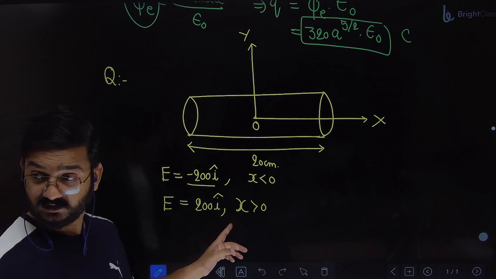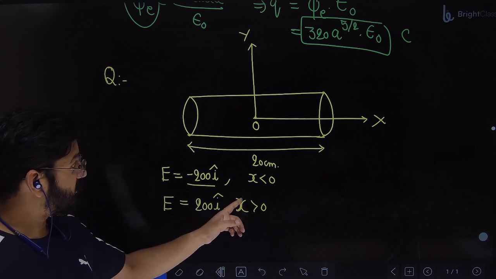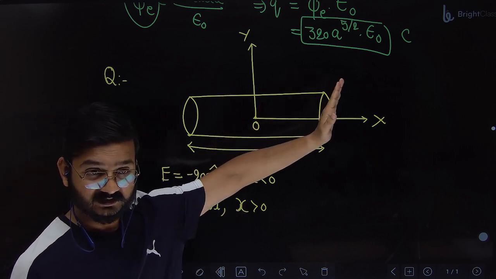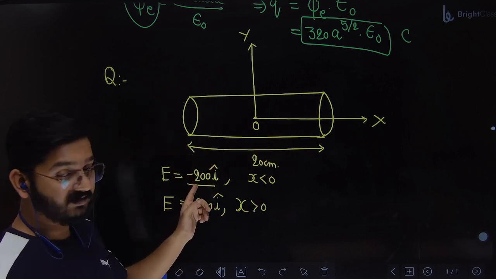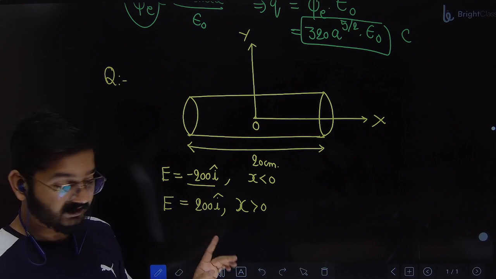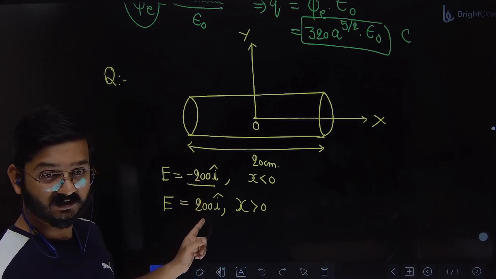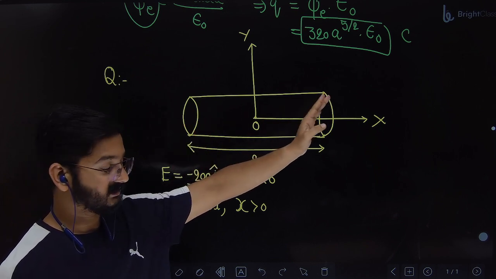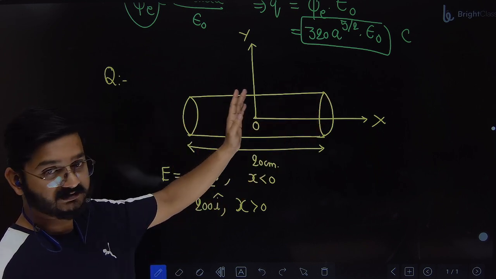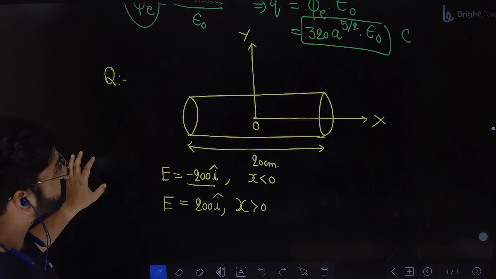This point is clear. For x greater than 0, means on the right side, the electric field will be this much. On the left side, the electric field will be minus 200 i cap. You can see the magnitude is not changing, only the direction is opposite. If it is i cap, it means positive x-axis; minus i cap means negative x-axis.